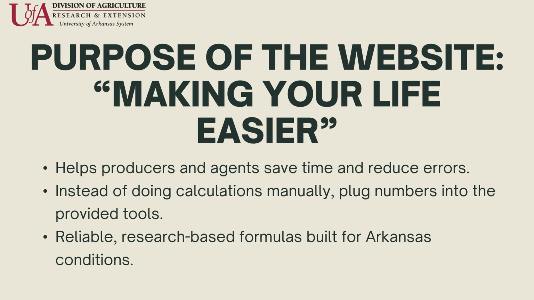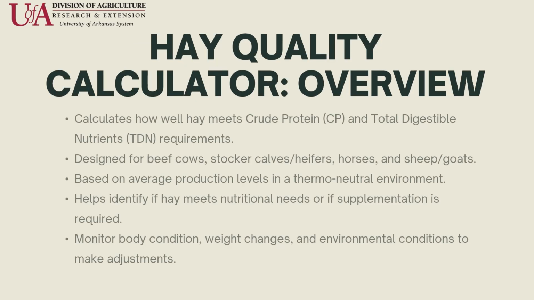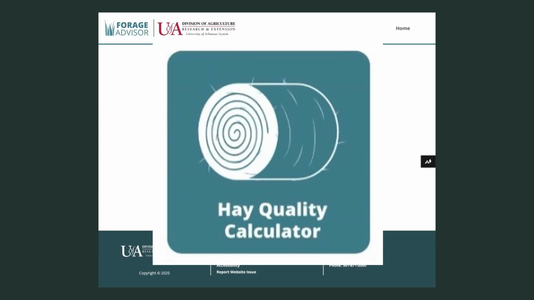So the hay quality calculator is calculating these forage tests everybody's been talking about. I know if I look at a forage test, I have no idea what I'm looking at. So you can plug your numbers in, and this is what you go to. You plug your numbers in right here.